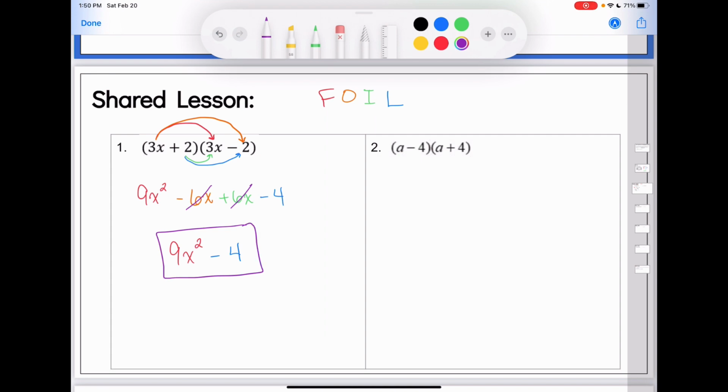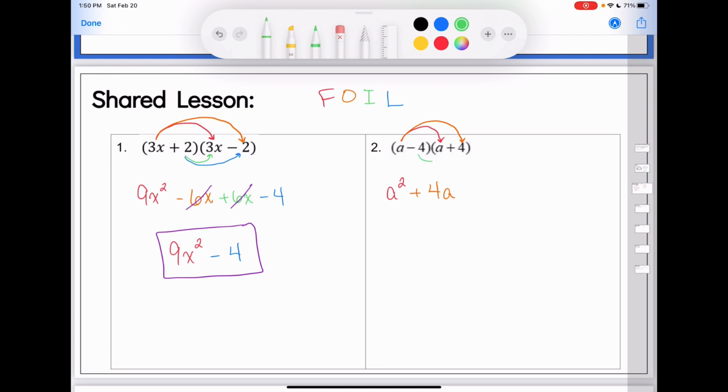Okay, sounds good. All right, let's take a look at number 2. Again, binomial times a binomial. So we can FOIL. A times a gives me a squared. And then I have a times positive 4 for my outsides, which would give me positive 4a.